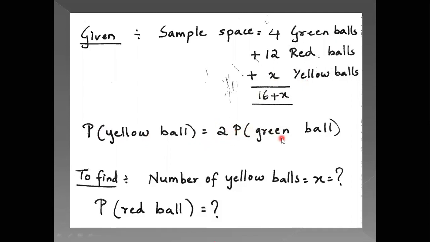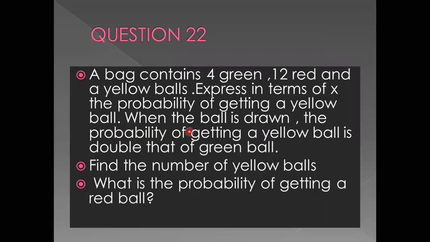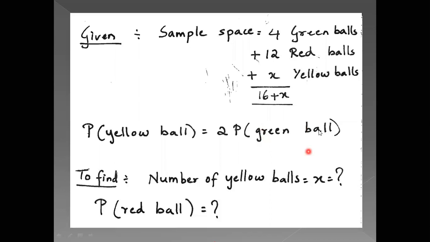So P of green ball. This is how you have to frame the equation. Children, before also we have done how to frame the equation. From the question, the probability of getting a yellow ball is equal to double the probability of green ball. So 2 times P of green ball.